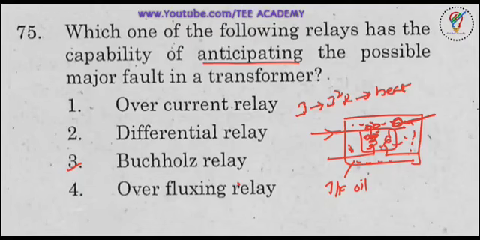Such bubbles will form inside the transformer because of overloading. As that happens, it is going to lift a small mechanism upwards, just like our flushing mechanism. So this flushing mechanism will move upwards, and that mechanism will give an alarm first.